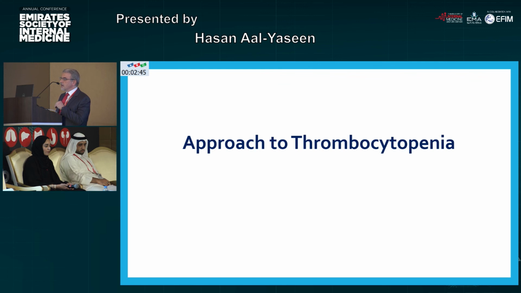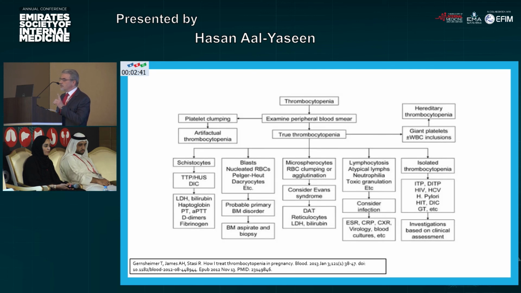So this was approach to anemia, and now approach to thrombocytopenia, and this is my last slide. So thrombocytopenia, again, you have to keep in mind that it might be pseudo-thrombocytopenia, and for that, you always have to do a manual count or a blood film in order to see platelet clumping.